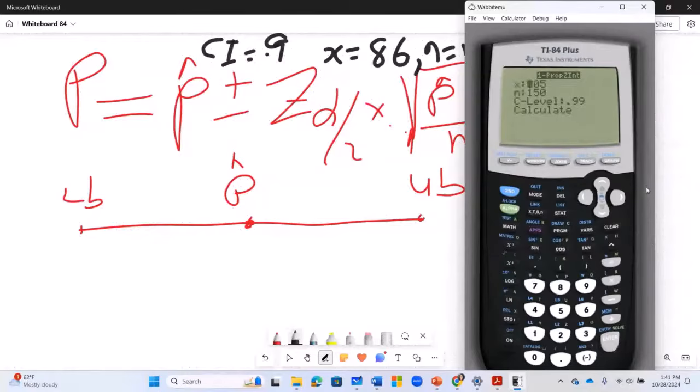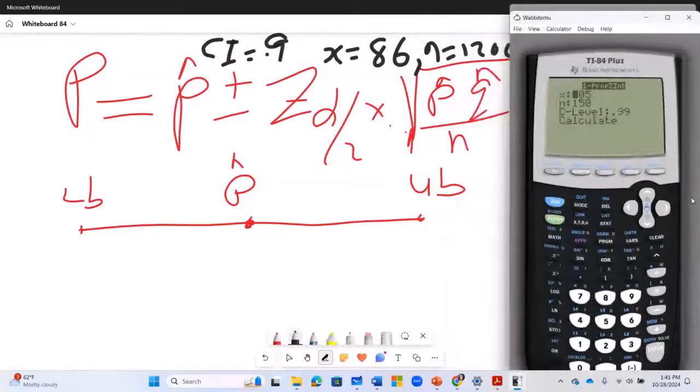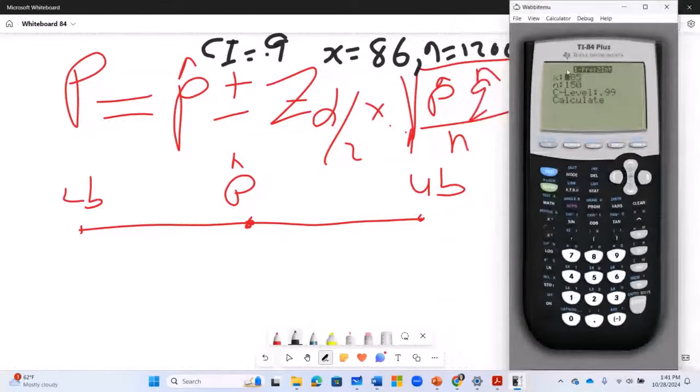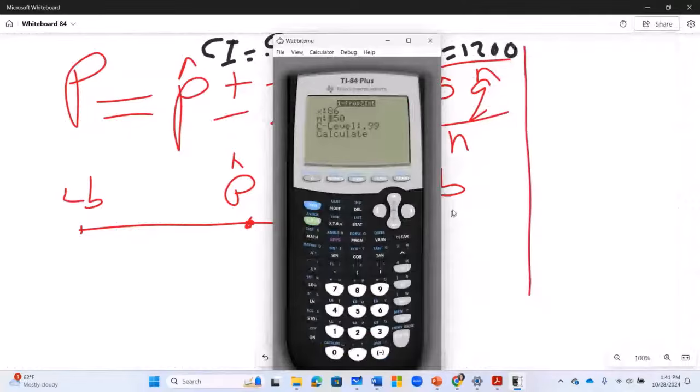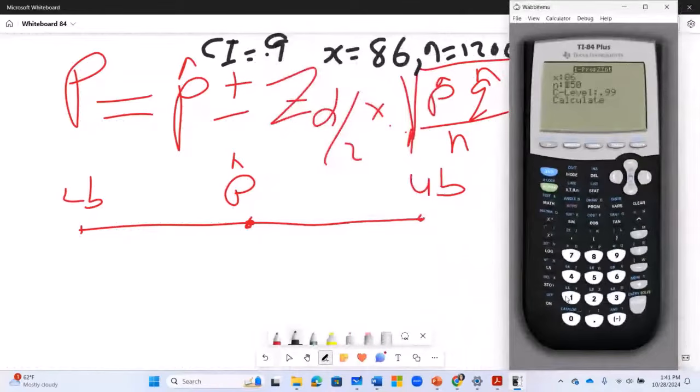What is the x given to me in this question? 860. So I'll put that in there. The sample size given to me is 1200. And the confidence level is 0.9. Then I calculate.